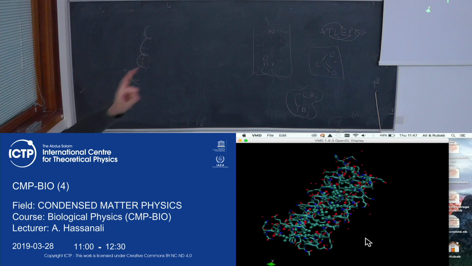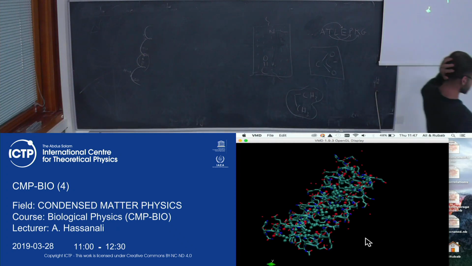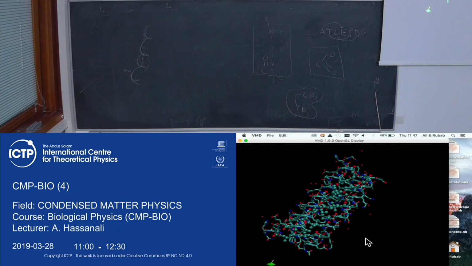Okay, questions about this before I move to beta sheets? What stabilizes these interactions in the core? What type of interactions are they in the center here?